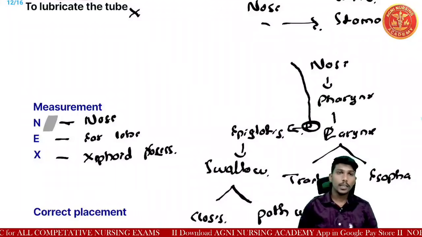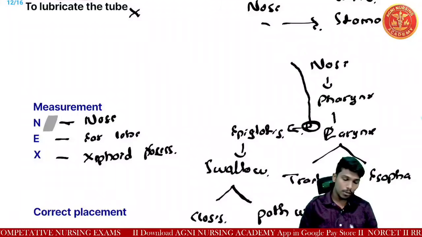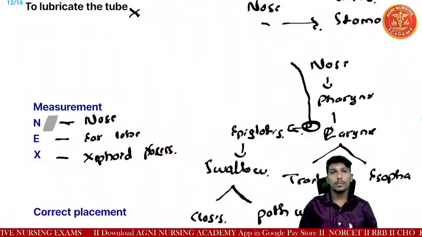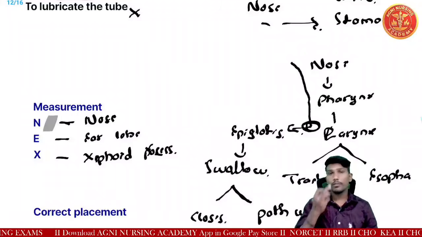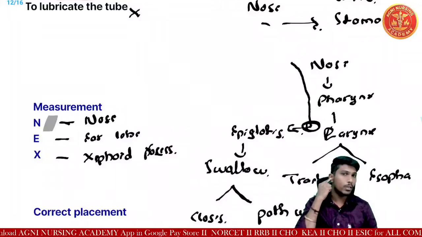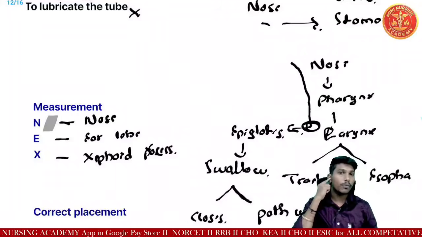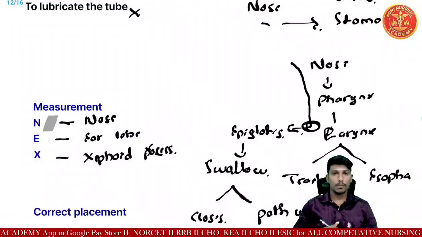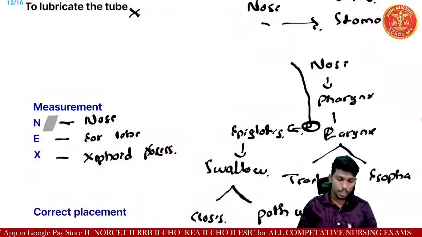So the NEX formula: nose, earlobe, and xiphoid process, which you can also call the sternum. For measurement, you hold the tube at the nose and measure through the earlobe. After that, to the xiphoid process of the sternum. This is your measurement of the NG tube.